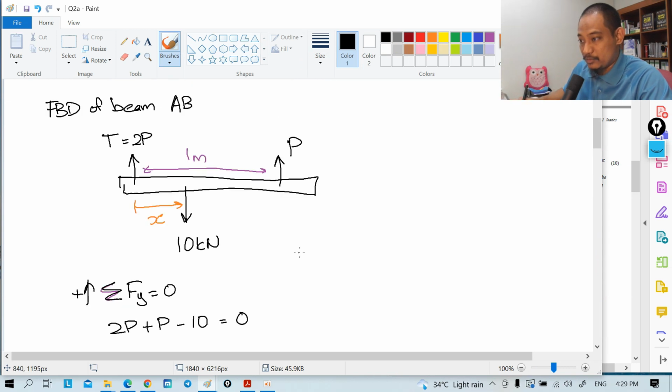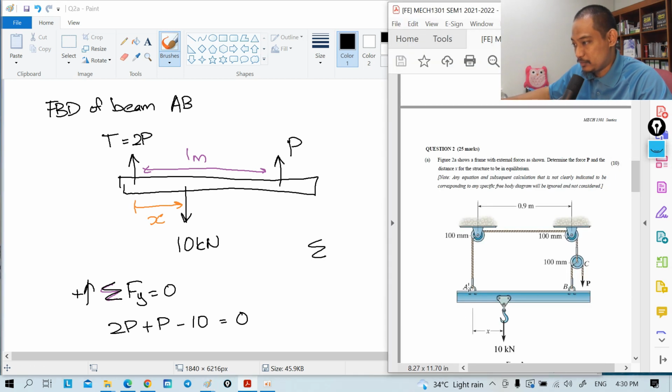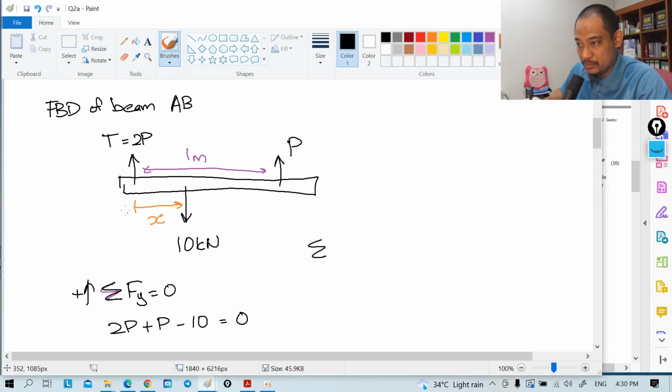Now, let's use a moment about, okay, what is the point? This is point A, right? So summation of moment about point A equal to 0. Let's take counterclockwise as positive.